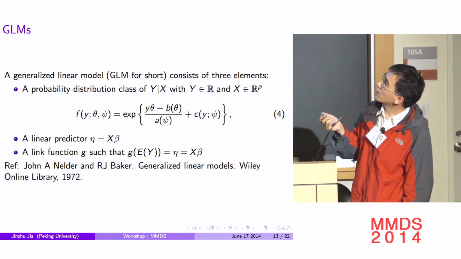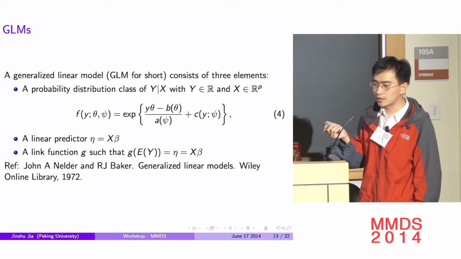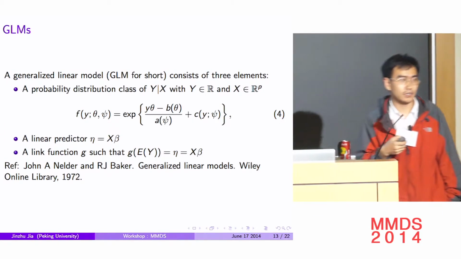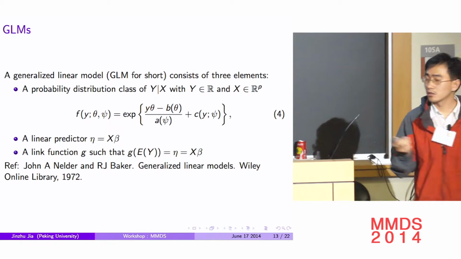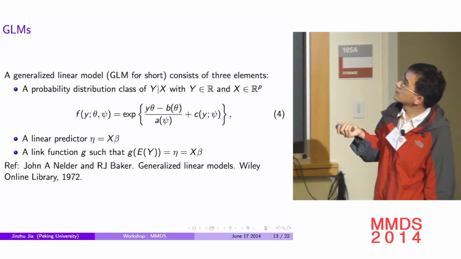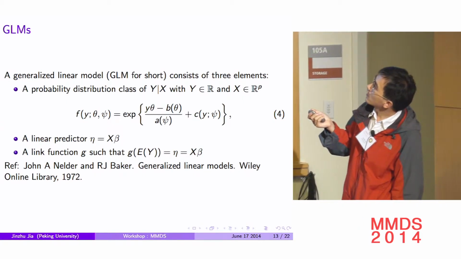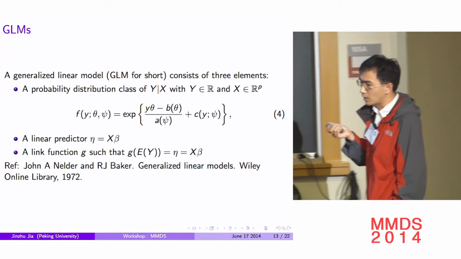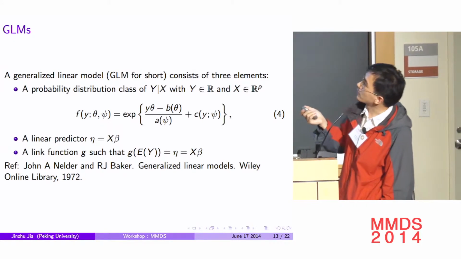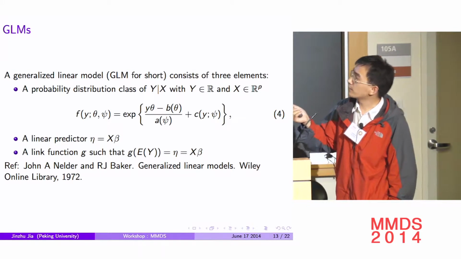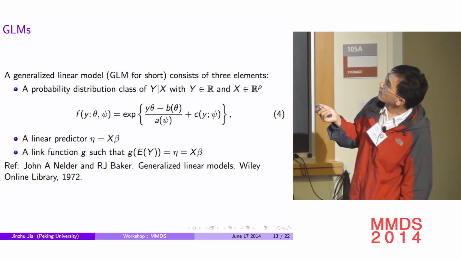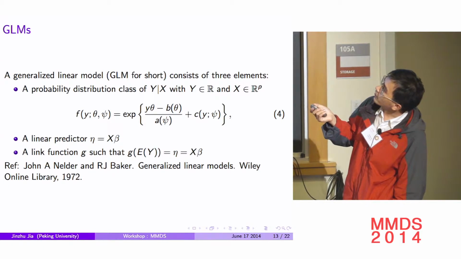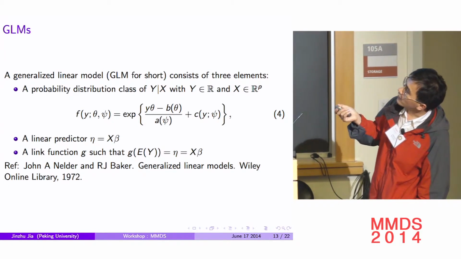And another component of a generalized linear model is a linear predictor, because it is a generalized linear model, so we have a linear predictor. And to connect the distribution class with the linear predictor, we use a link function. This link function connects the expectation of y and this linear predictor.